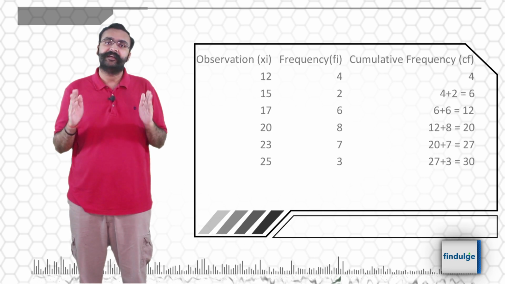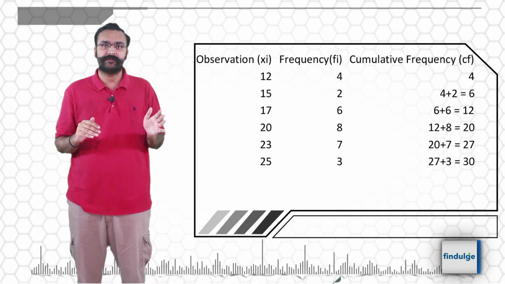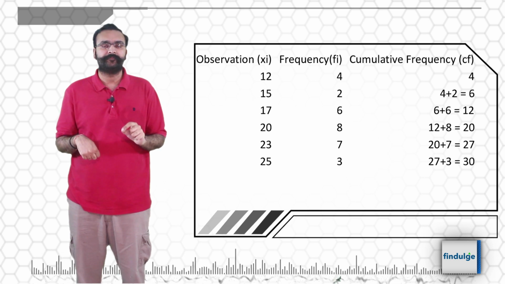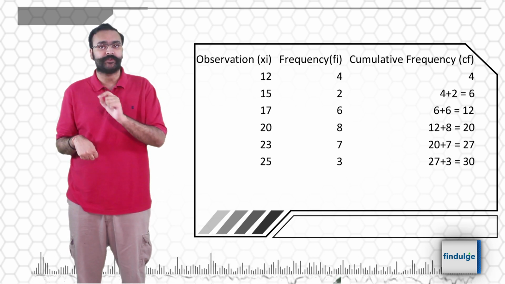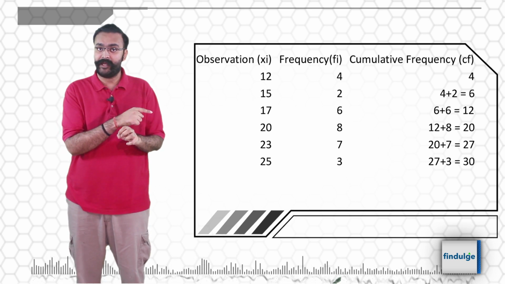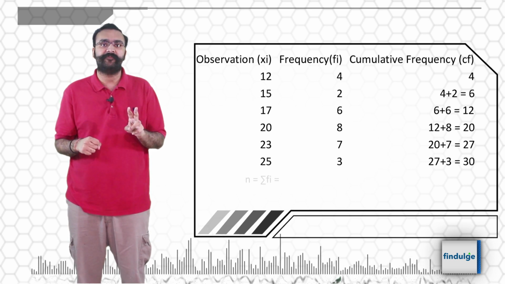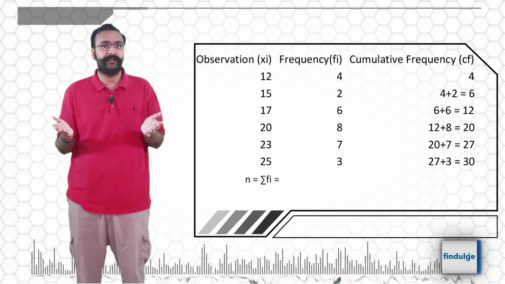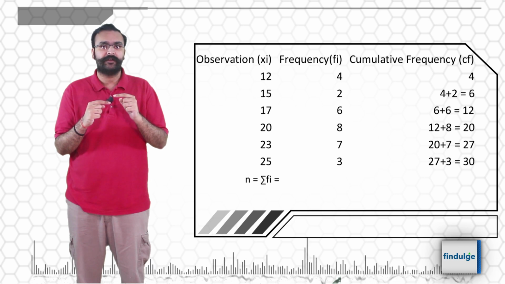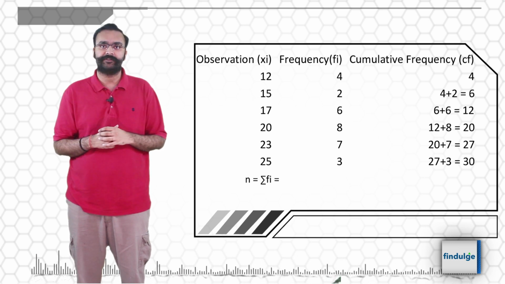If you have an even number of observations, you locate your n/2th and (n/2 + 1)th observations. If they happen to be in the same frequency, then that is your median. If they happen to be in 2 consecutive frequencies, you just find their average.